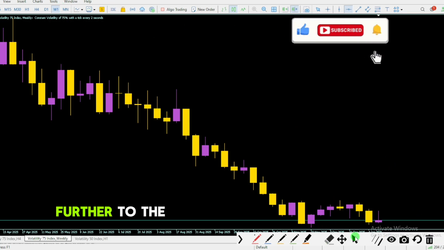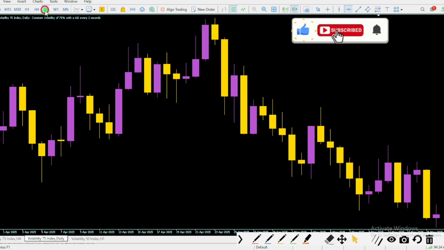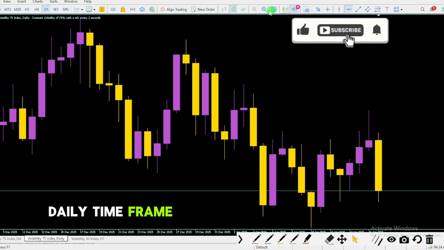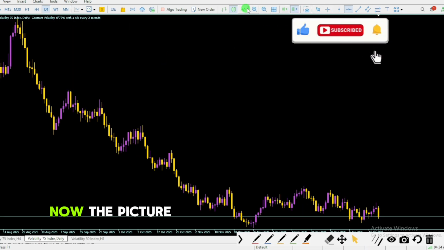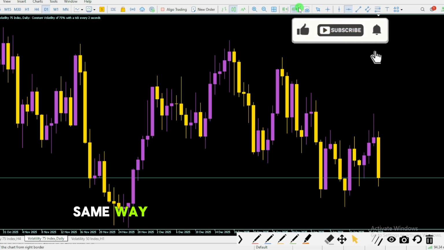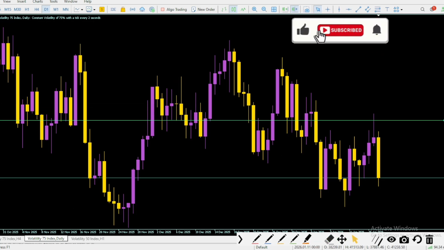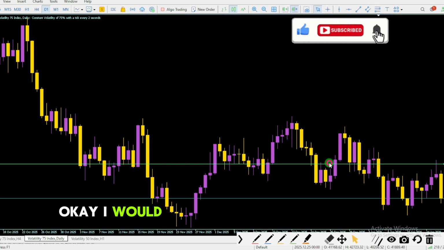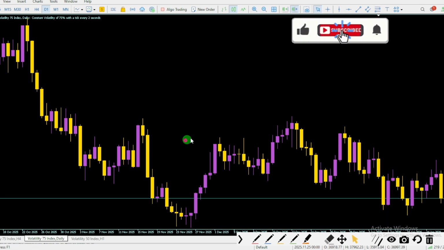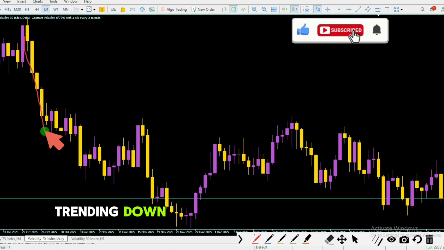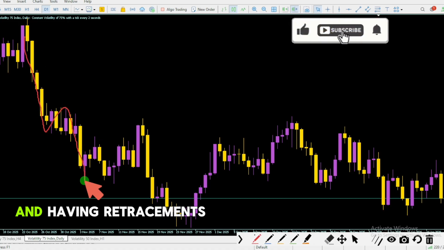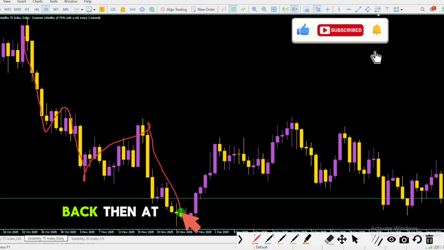So let's go further to the next time frame, which is the daily time frame. Okay, now the picture is becoming clearer, and in the same way I would like us to build a story right here. So you can see the market was trending down and having retracements back.